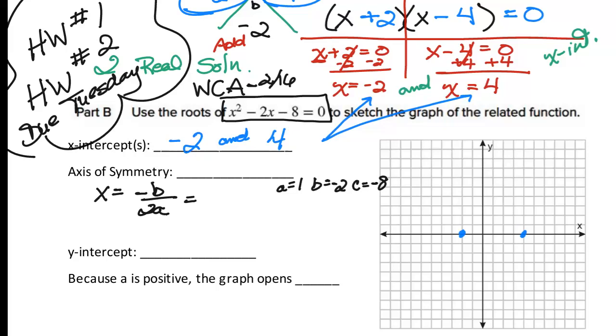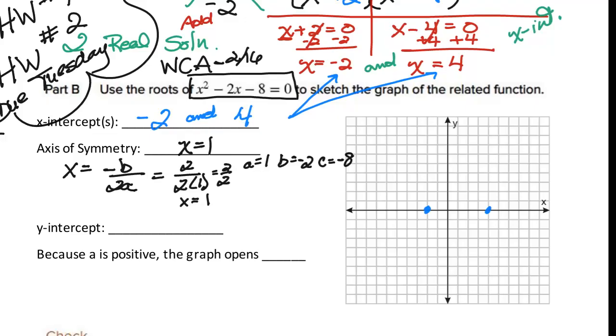Would you agree? Okay, so the opposite of b is going to be +2 divided by 2 times my a value of 1, which gives me 2 over 2. So x is equal to 1.